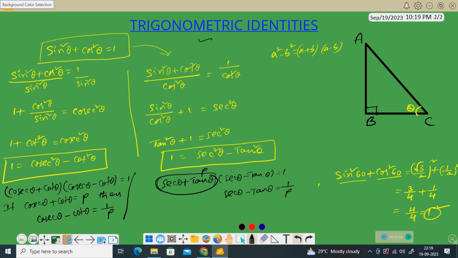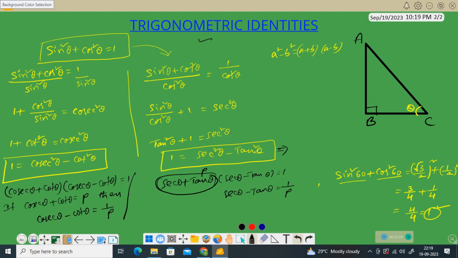Or else if secant theta minus tan theta value is p, then secant theta plus tan theta value is 1 by p only. So whatever they ask, you can find that value from the given one.